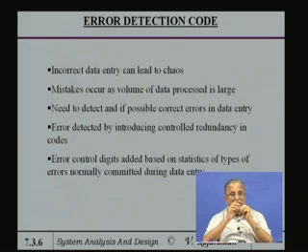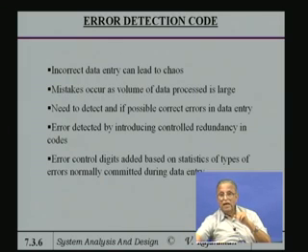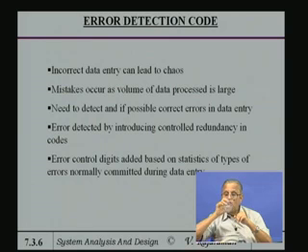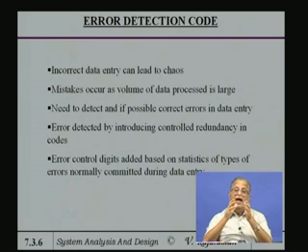Actually, error is detected by introducing controlled redundancy in codes. In other words, detection of errors always requires some extra digits to be put into the code which help you to detect the error.